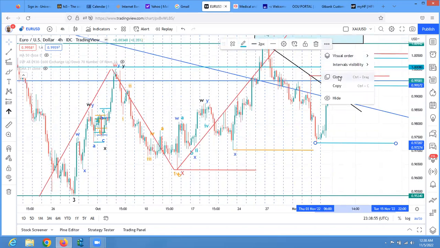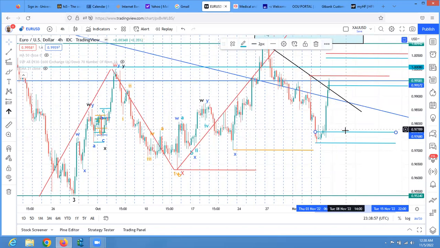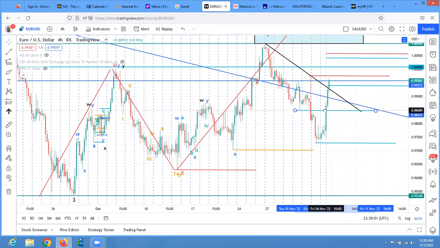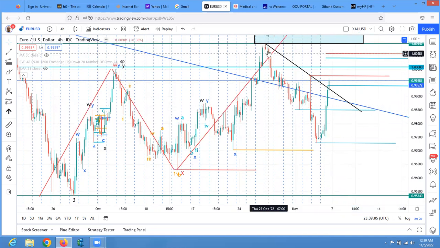I want us to understand how to count structure as well, and how to count wave as well. So if this had marked the limit of the first wave, and this is a 2 of it, and we're supposed to do a 3, then what do you think a 3 would do?